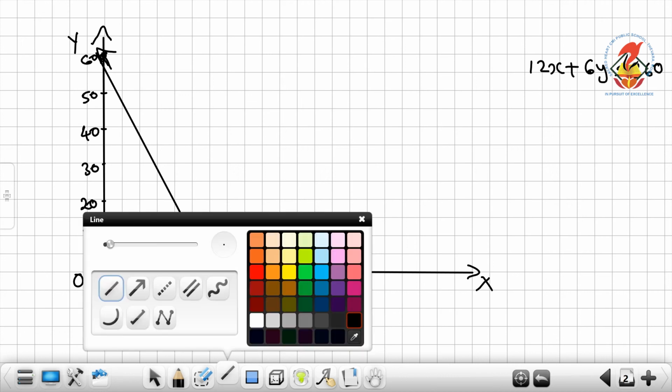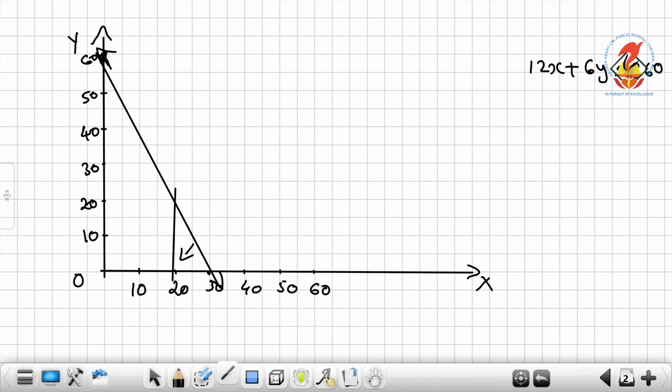Draw a straight line, x is 20. And x is less than or equal to 20, isn't it? So it is towards the origin.